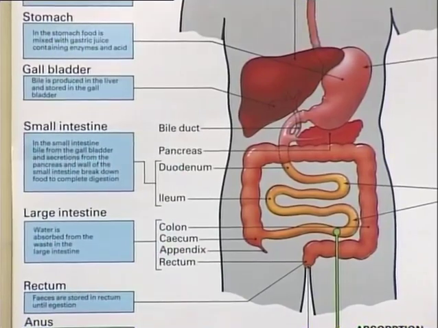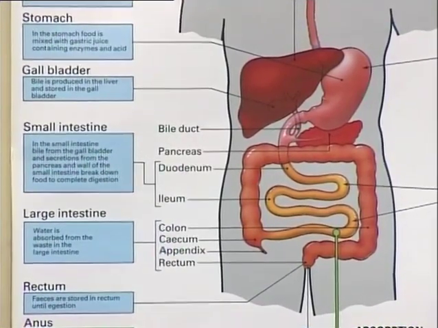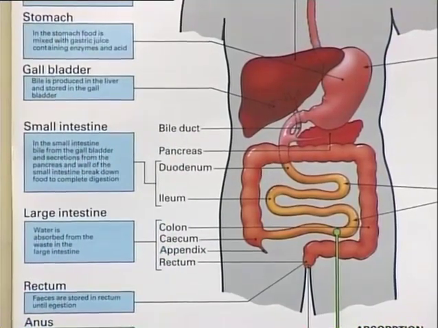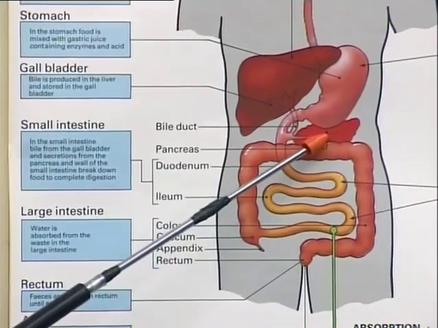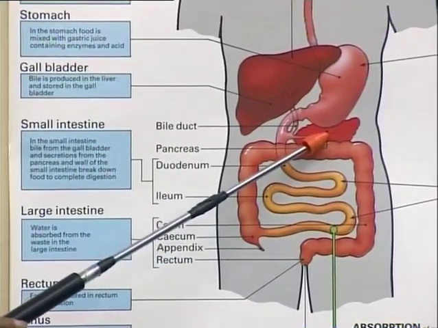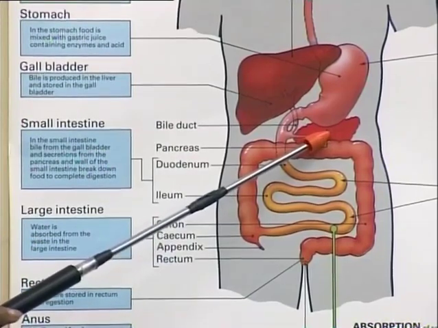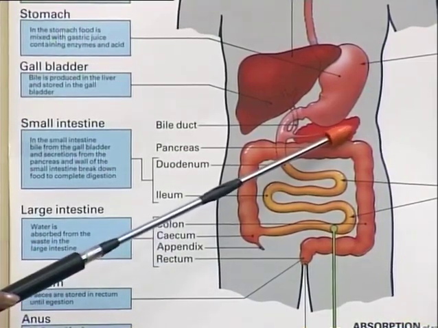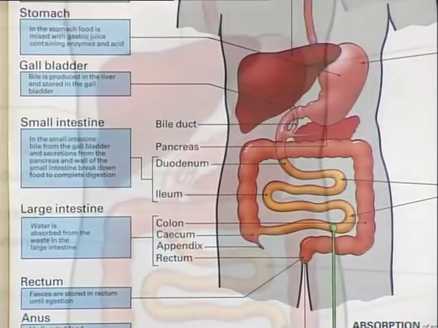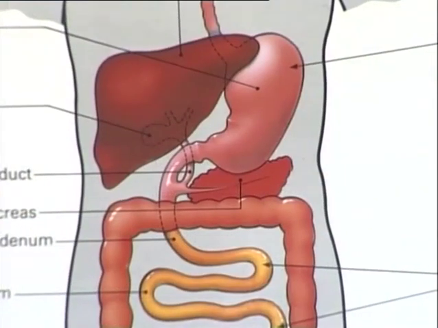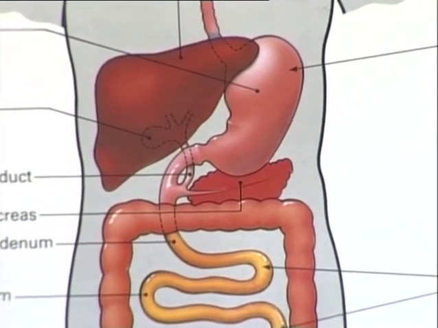The next one that is important in the digestive system is the pancreas. This is the pancreas here. This is where the pancreas is. Pancreas is another important organ in the digestive system, and it produces digestive juice that also helps to digest food.